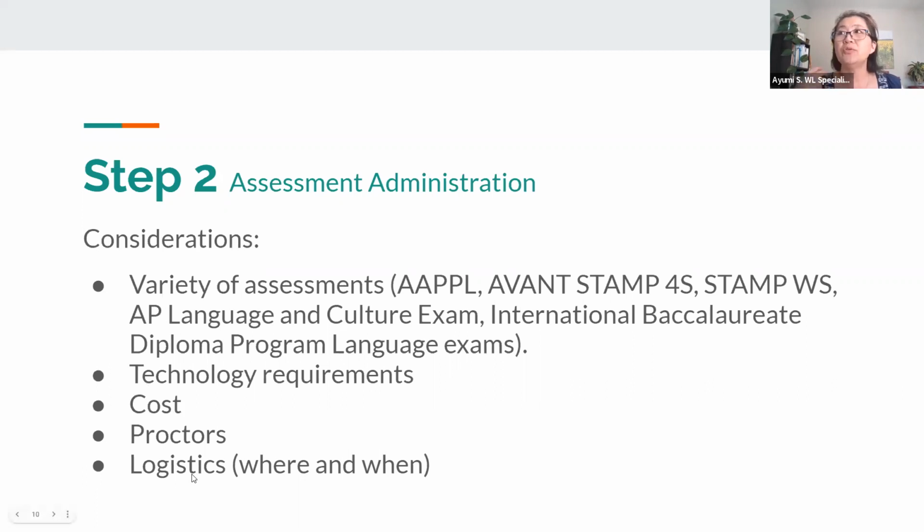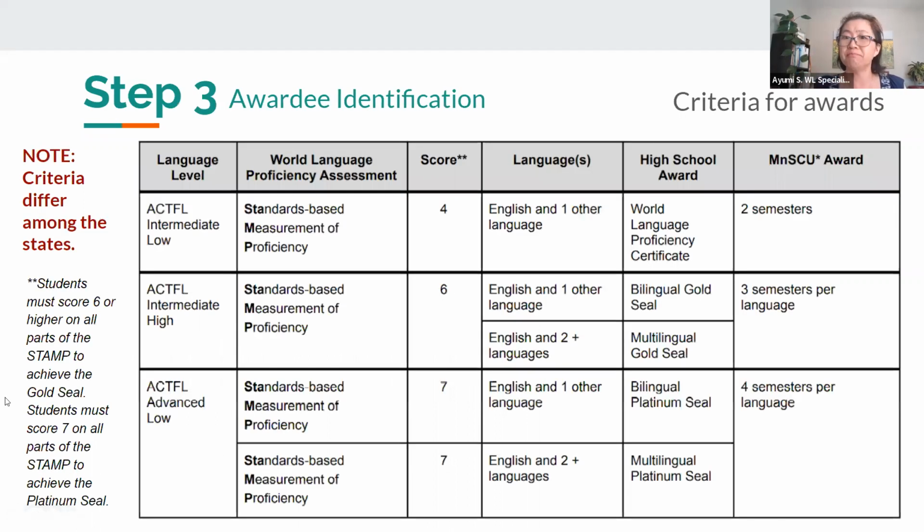And then when you administer the assessment, there are logistics, right? How, where, and when you do that, and proctors. So this is not one person's job, it's teamwork. That's how you can also build capacity within your school or school district.